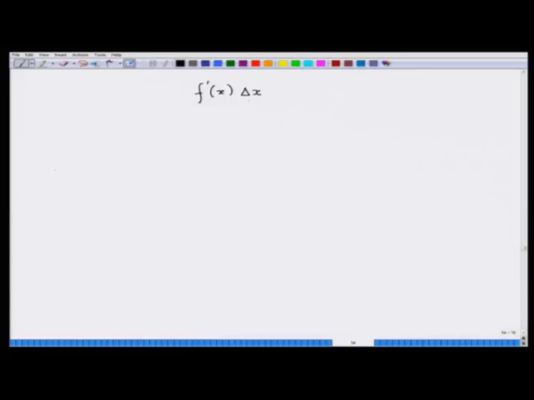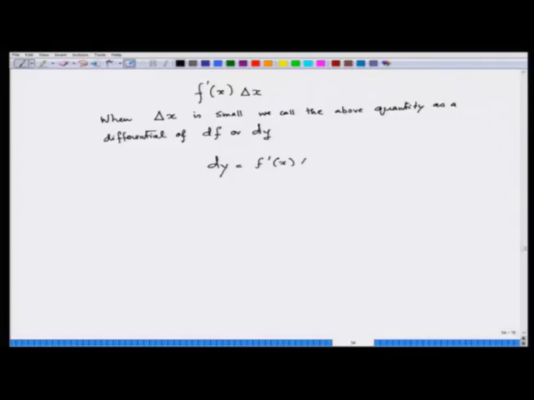This quantity, when delta x is very small, we call the above quantity a differential, the differential of y, df or dy, whichever one. So we write dy is equal to f dash x into delta x.